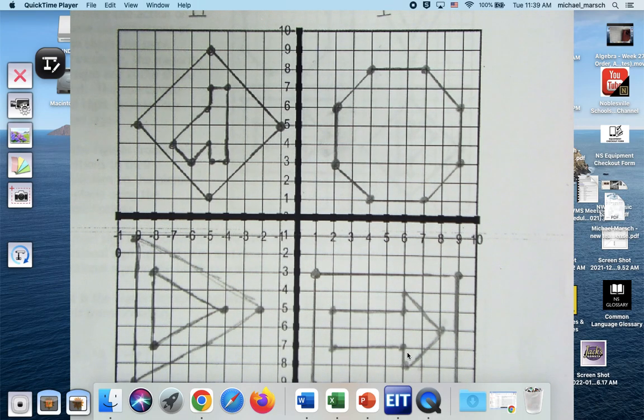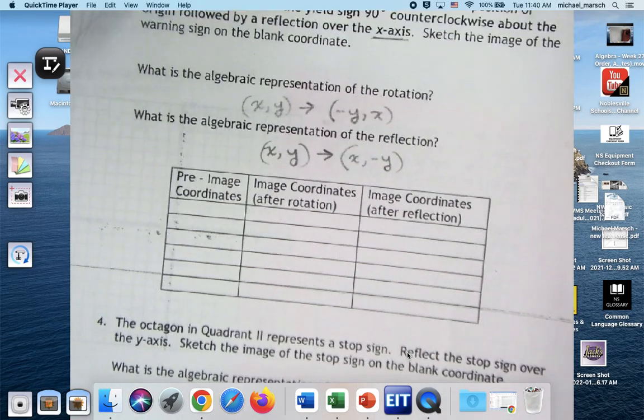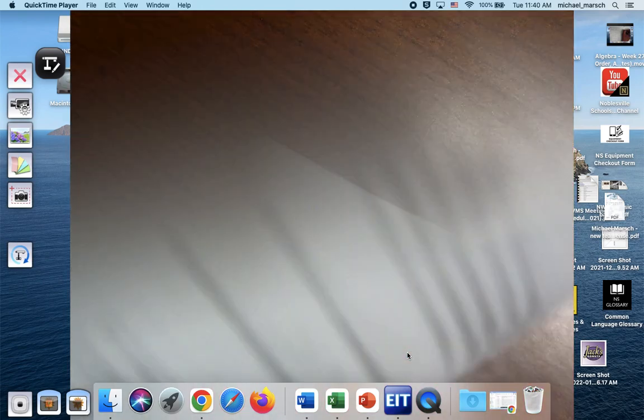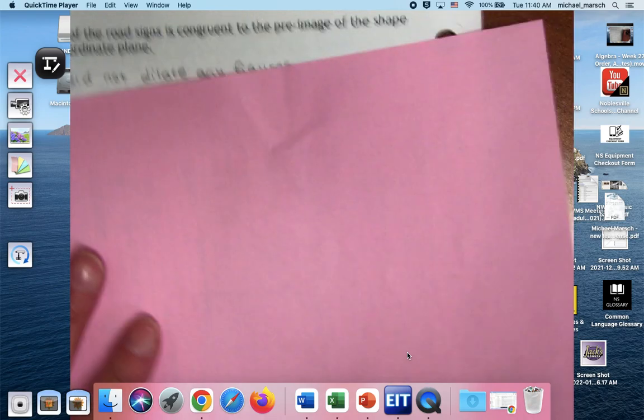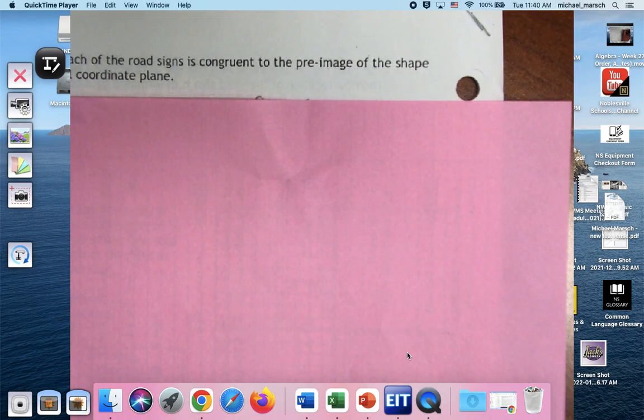Does anybody have questions about this process? When you're done, go ahead and turn to the last page.